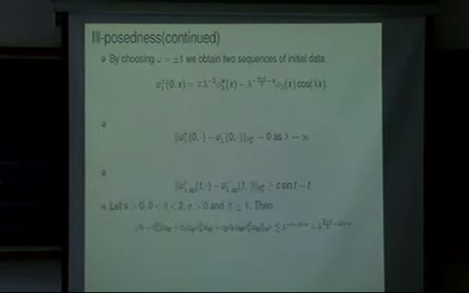So we need to use the local theory to show that the distance between the exact solution and the approximate solution is very small. Then by the triangle inequality, we can show that the exact solutions of the two sequences also take apart. Okay?